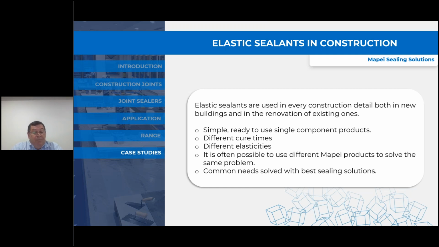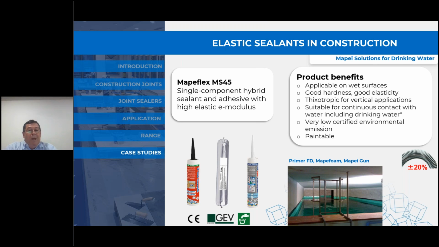The common needs are solved with the best sealing solutions. So when we talk about the solutions, in particular for water retaining or drinking water type tanks, MS45, the Mapei single component hybrid sealant. It's applicable on wet surfaces. It has good hardness, good elasticity. It's a thixotropic or slump resistant material, and it's suitable for continuous contact with water, including drinking water.